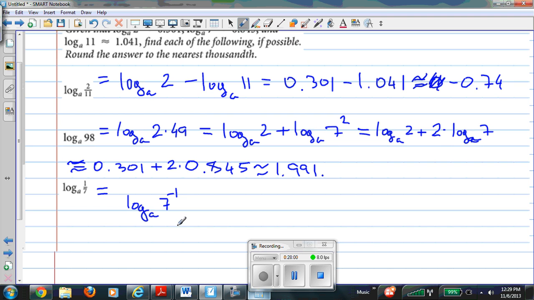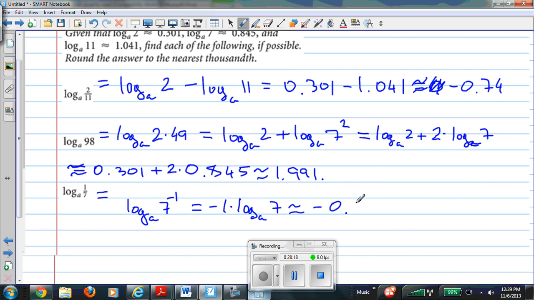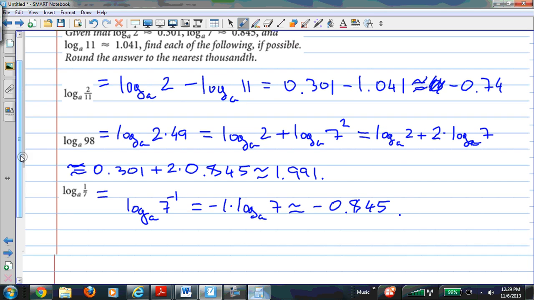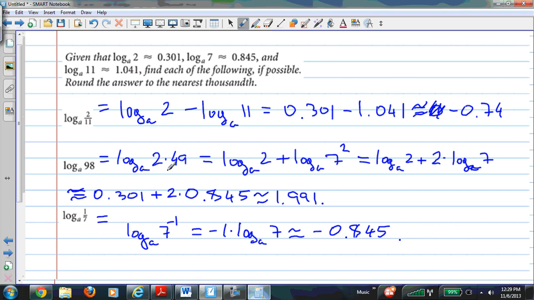So this is log base a of 7 to the negative first power, which means I can bring negative 1 down by the power rule and it still leaves me with log base a of 7, which is given to be 0.845, so 0.845 with a negative in front. So we're done with these exercises. Again, using the laws, we're able to express these logarithms in terms of what is known to us. Okay?